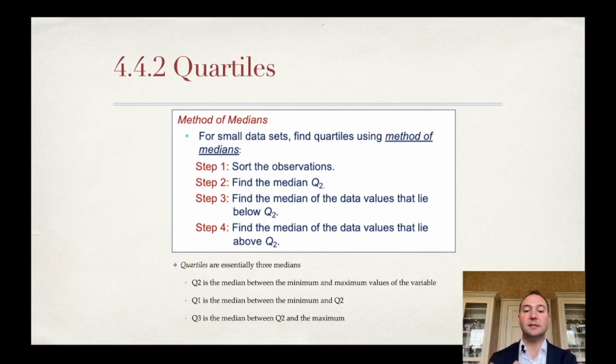Q3 is just the same, but on the upper end of your data set. So Q2 is the median of all of your data. Q3 is the median between Q2 and the maximum of your data. We call this the method of medians because each quartile is a median, and Q1 and Q3 are the medians between the minimum and your median, and the maximum and your median of your total data set.